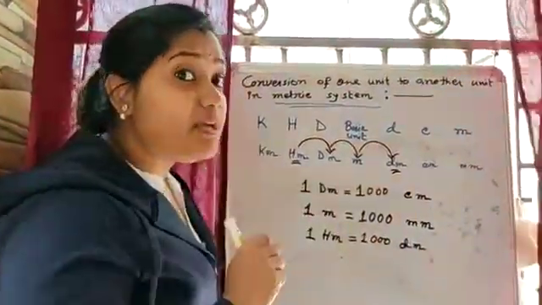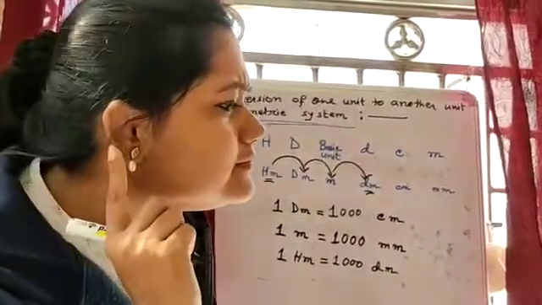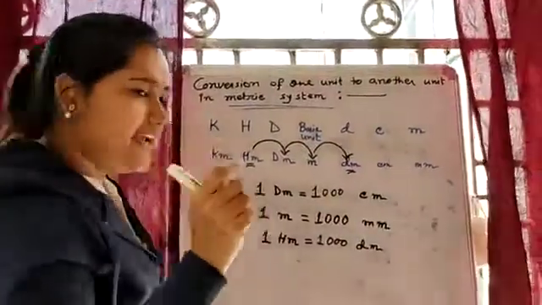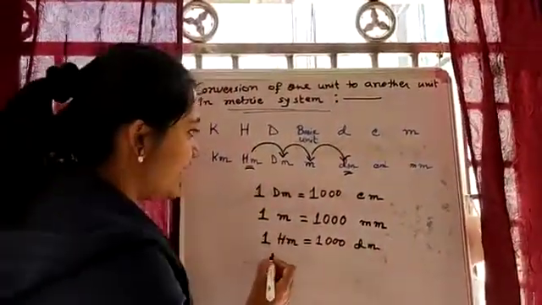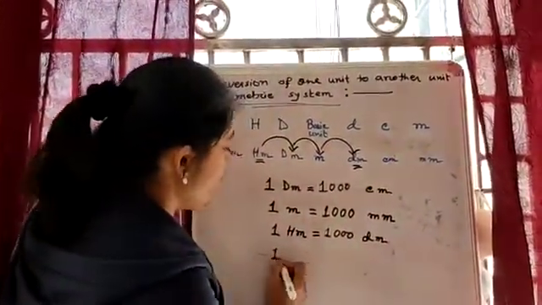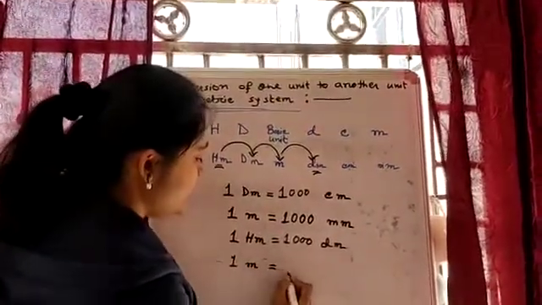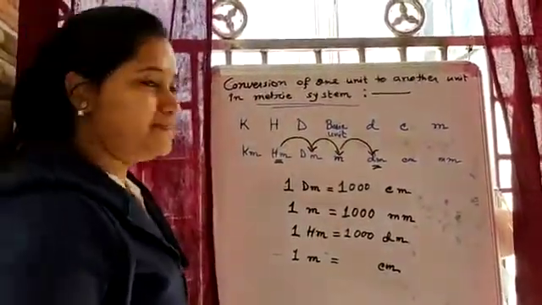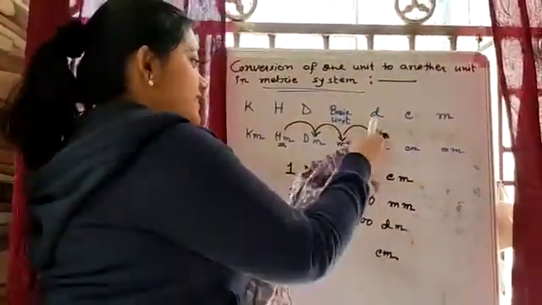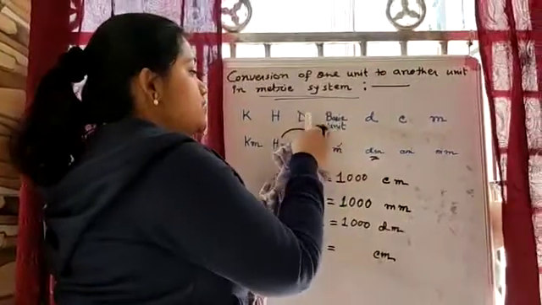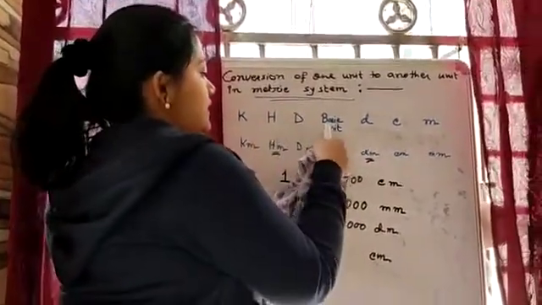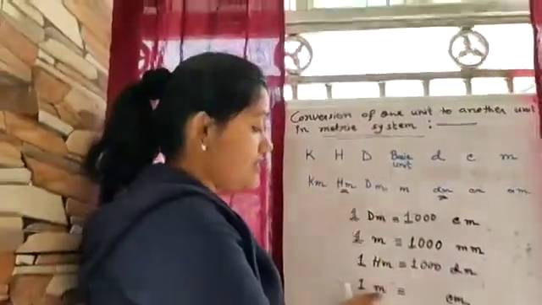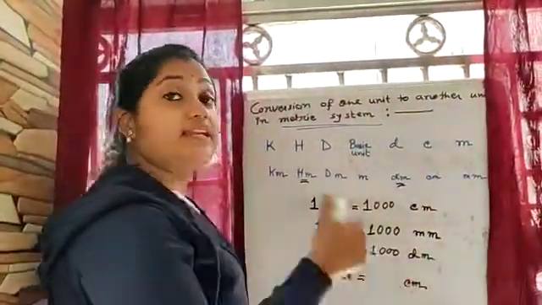Next question you give me. Okay, you are asking, ma'am, 1 meter equals how much centimeter? Let us find it. First thing to check: is it a conversion of a higher unit to a lower unit?